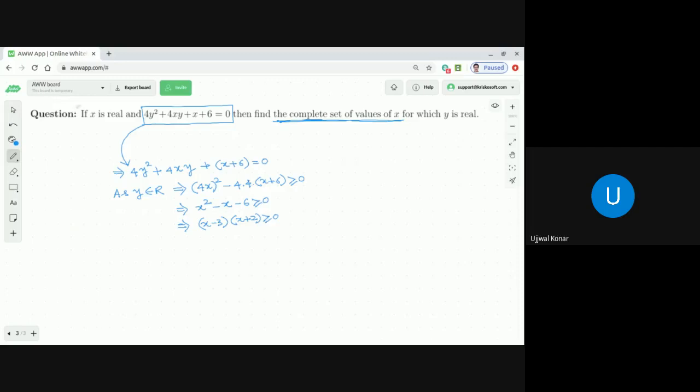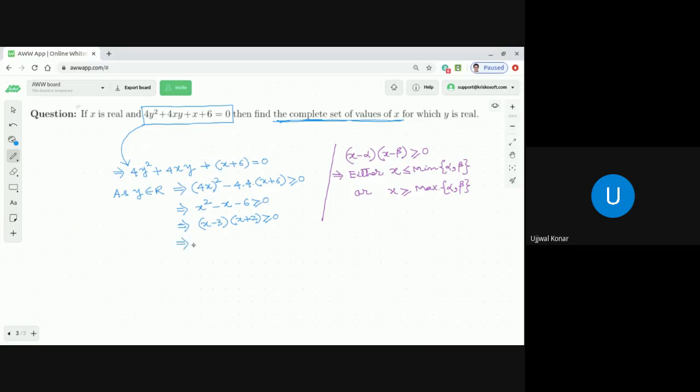Remember, dear students, that x minus alpha into x minus beta greater than equal to 0 means either x is less than equal to the minimum of alpha and beta, or x is greater than equal to the maximum of alpha and beta. And this concept we are going to apply here.